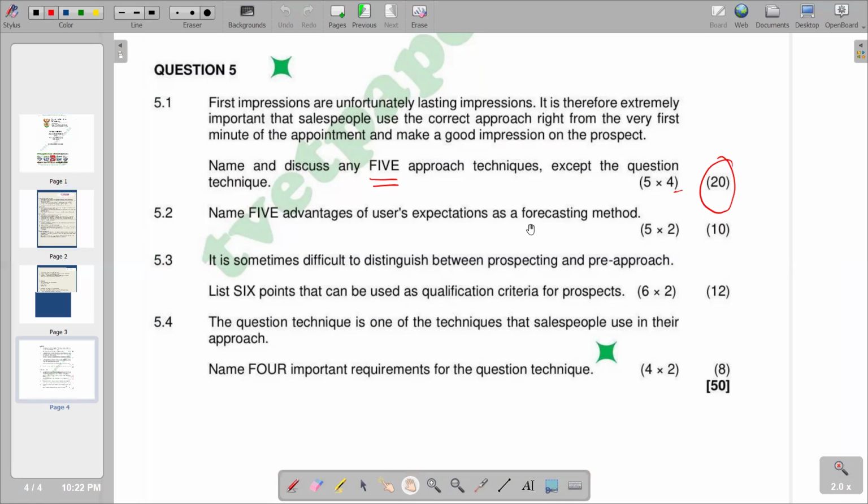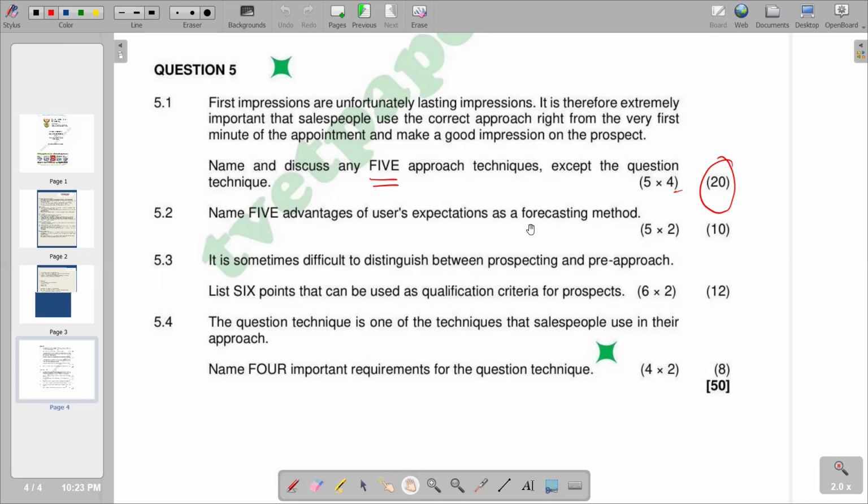And on advantages, you can talk about it from the point of view that it is based on actual product users. So that is the advantage that we are dealing with the actual product users. So at the end of the day, the information that we are going to get from the actual product users is going to be the correct information.